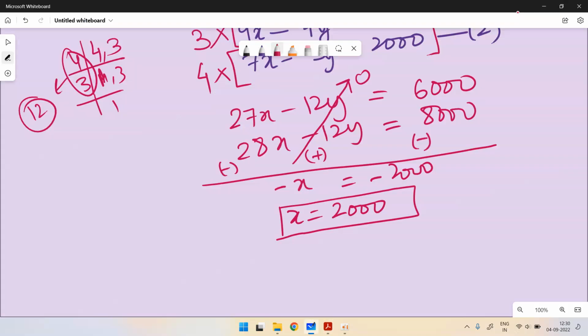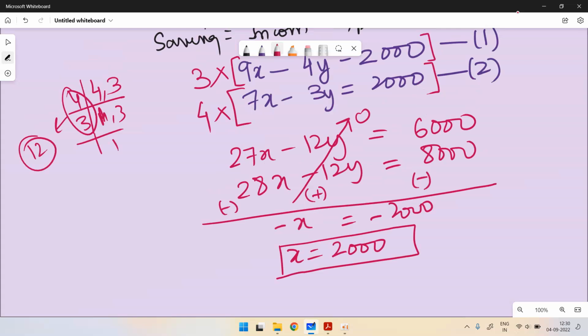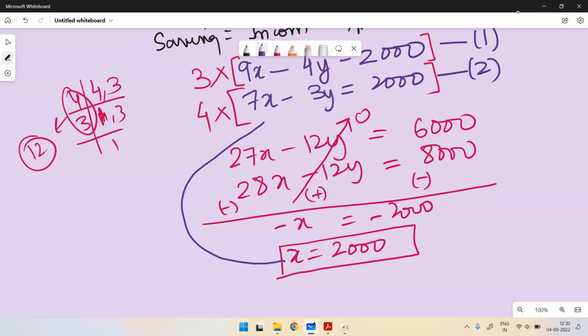Now if you put this value of x in any one of the equations, I'm putting it in the second equation. So 7 into 2000 minus 3y equal to 2000.